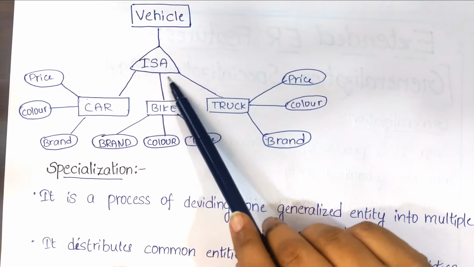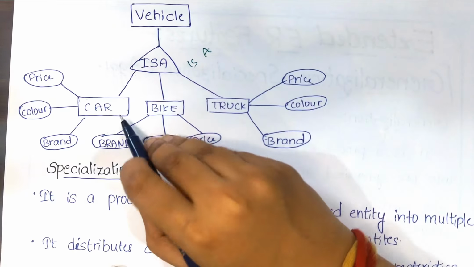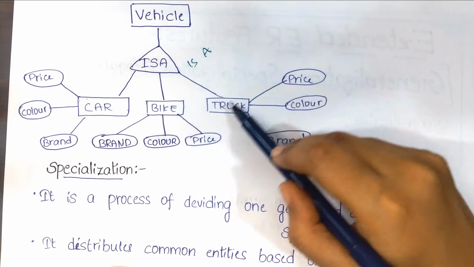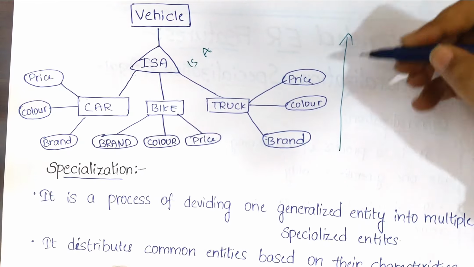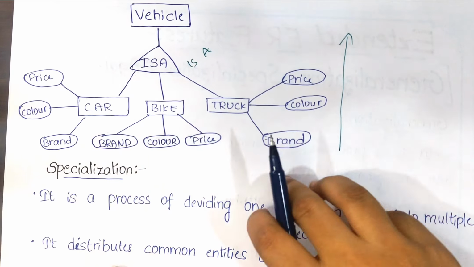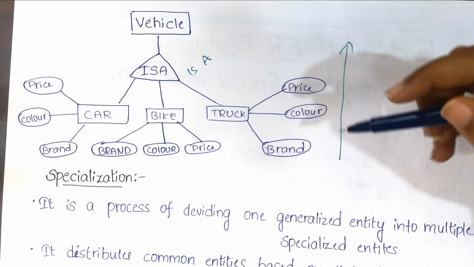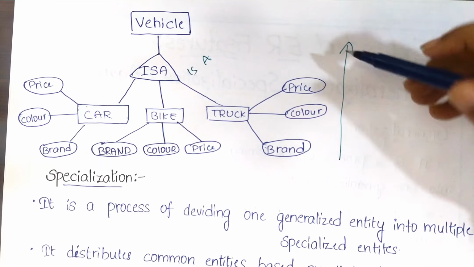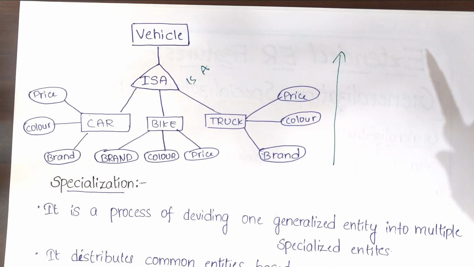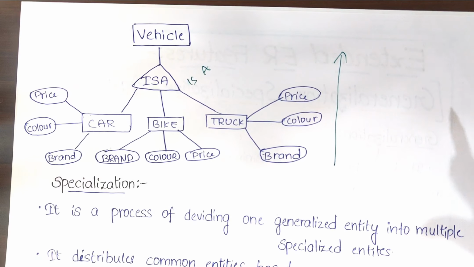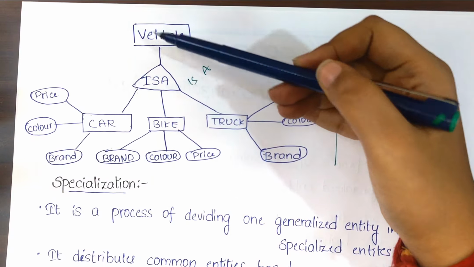Here the ISA triangle is nothing but "is a". Car is a vehicle, bike is a vehicle, truck is a vehicle. It is going from bottom to top, like all these specific individual things go into a general thing, so we consider it a bottom-up approach. So whenever we combine similar entities into a high level entity, it is called generalization. Similar entities are combined into a general entity.